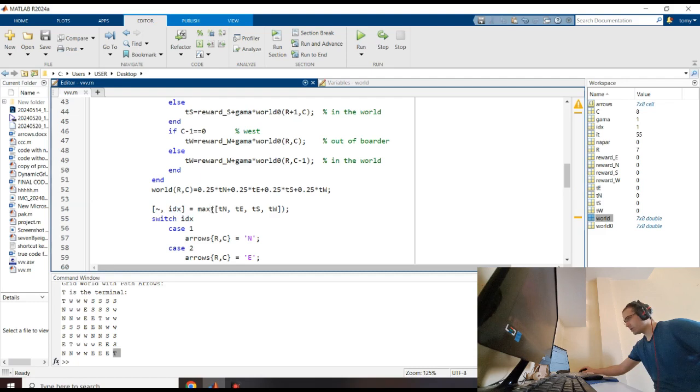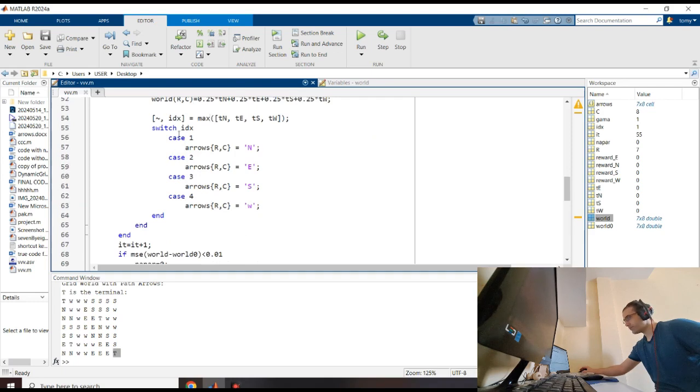We are looking for the max value from these directions and switch. By switch, it means if, I think.